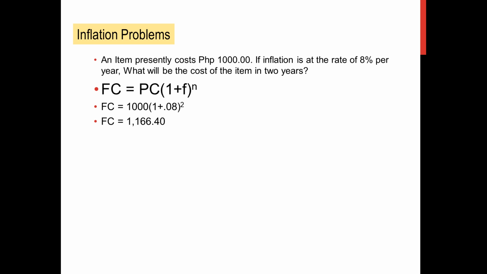Notice here that the price of the commodity before is 1,000. After 2 years, it would become 1,166.4 pesos considering an inflation rate of 8%. So there is an increase in the price of this commodity.